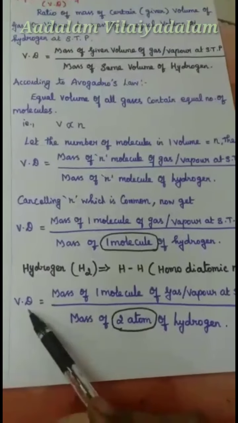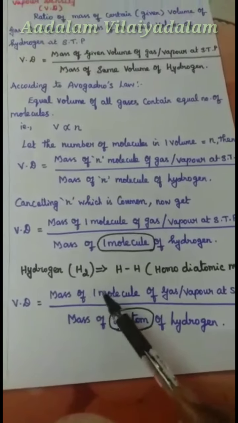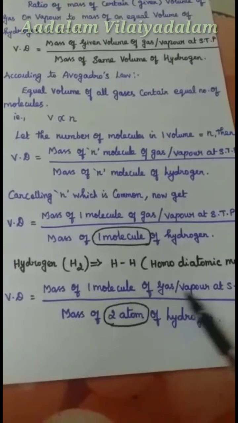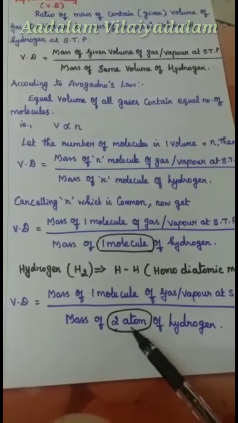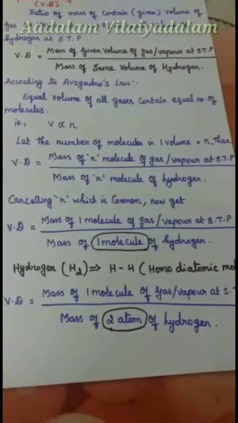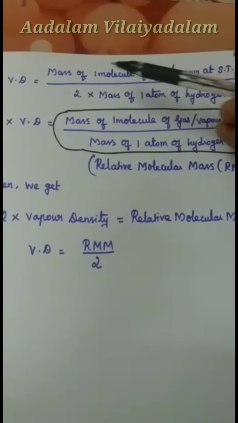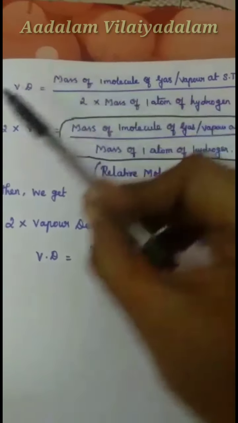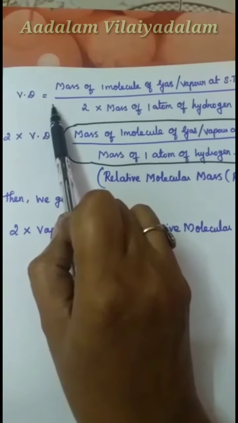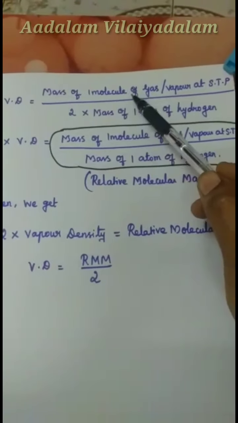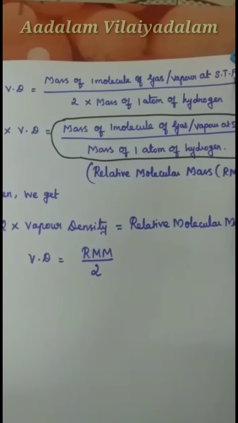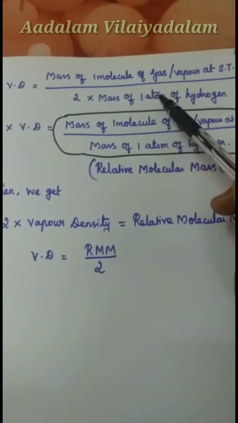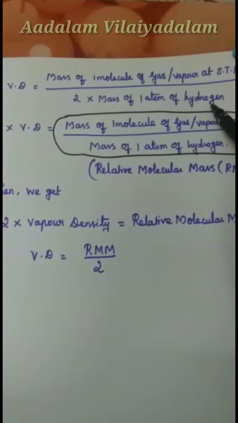Now the vapor density formula is equal to the mass of one molecule of gas or vapor at STP divided by the mass of 2 atoms of hydrogen. And now we interchange the number 2. Now we get the vapor density is equal to the mass of one molecule of gas or vapor at STP divided by 2 into the mass of one atom of hydrogen.